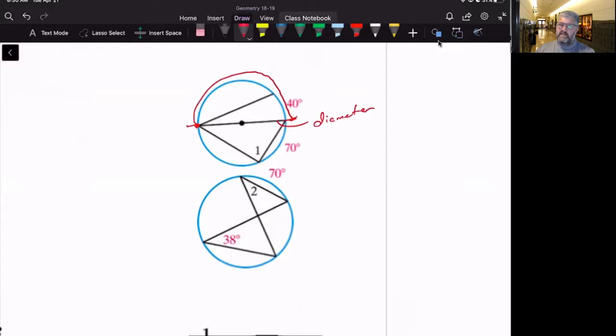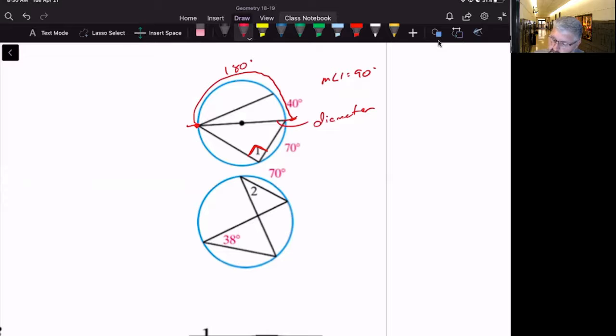We know that's a semicircle, so that's 180 degrees. We know angle 1 is going to be a right angle, because it inscribes a semicircle.